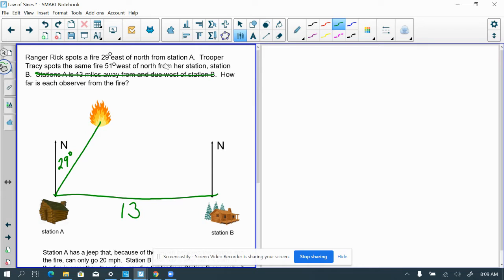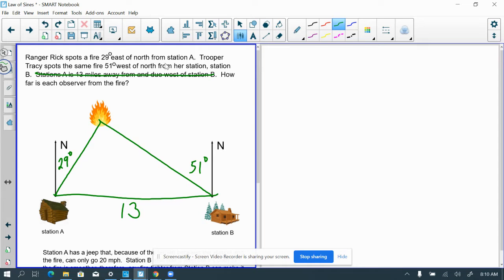Trooper Tracy spots the same fire 51 degrees west of north from her station. So if she tilts her head to the west, after looking due north, she will see the fire. She has to tilt her head 51 degrees in a western direction. So how far is everybody from the fire?